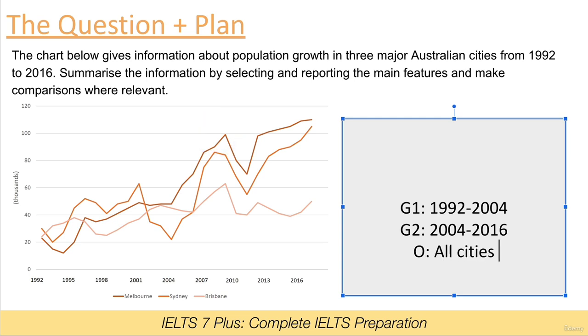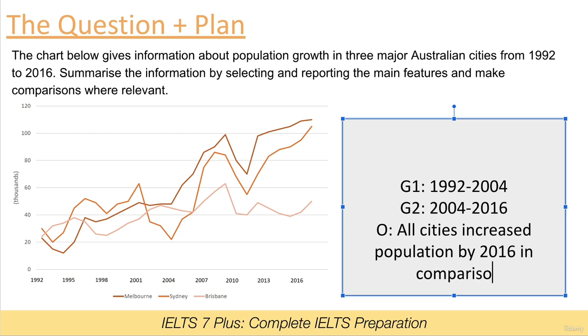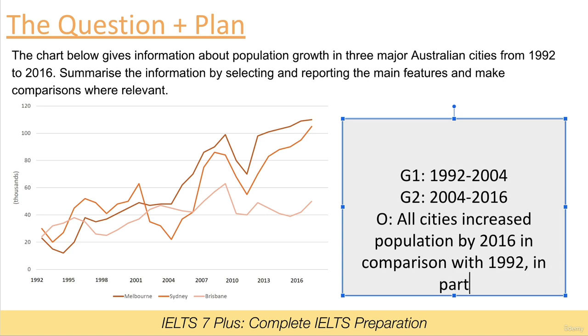So our overview: all cities increased population by 2016 in comparison with 1992. In particular, Melbourne, we can pick on being the highest there. All right, so your plan is there. It will help you through your essay. You can refer back to it and it will keep us on track then.